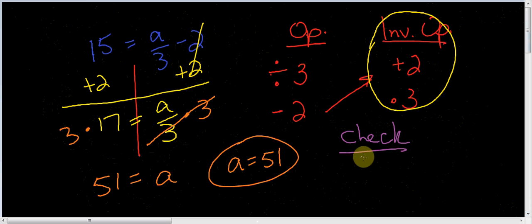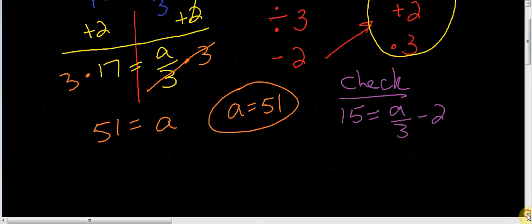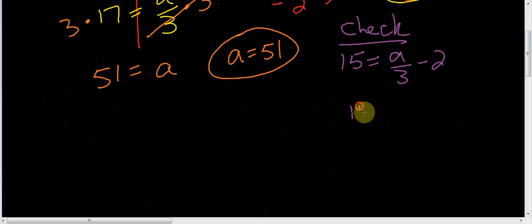Let's see here. I'm going to write down my original equation. Scroll down to give myself some more room. I'm going to substitute in the 51. Throw in isn't necessarily the best word to use. Substitute my 51 in place of my A.